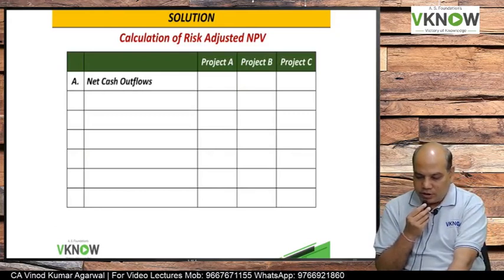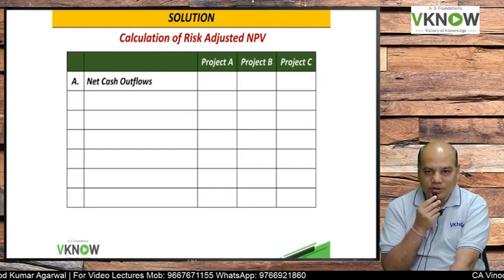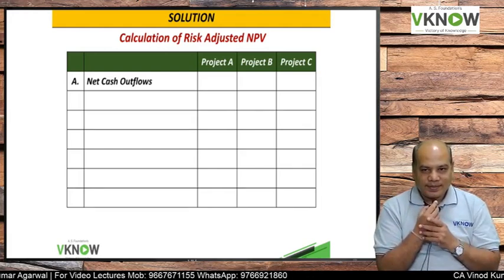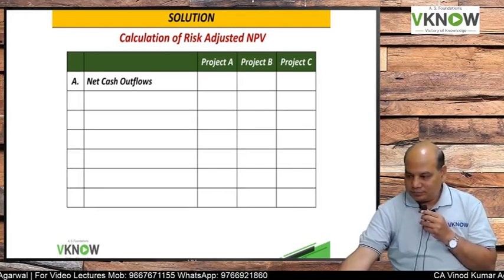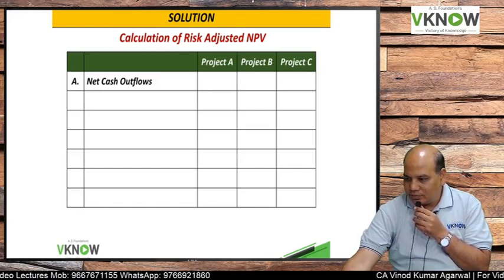Right hand side 3 columns. Project A, Project B, Project C. Done. Draw the format first. Good student will write everything in detail.